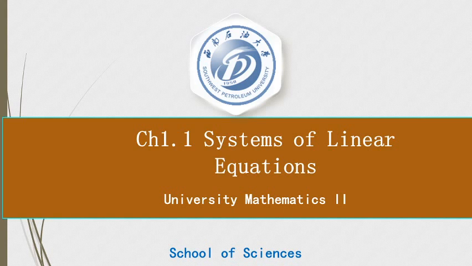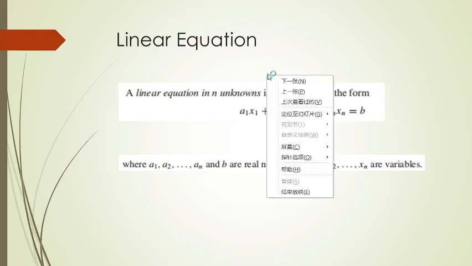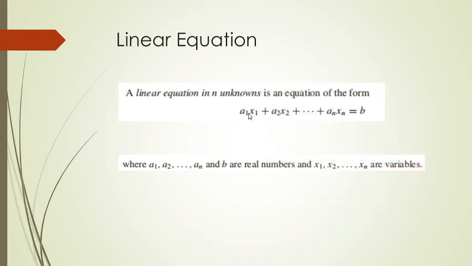First, let's look at the linear equation. What is the linear equation? A linear equation in n unknowns is an equation of the form a1x1 plus a2x2 plus ... anxn equals b.